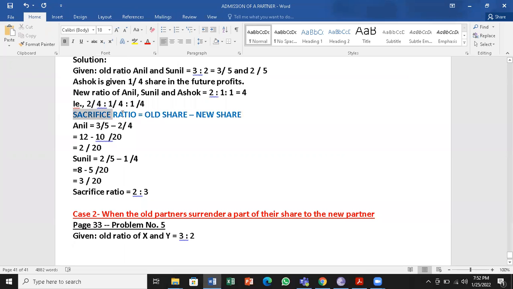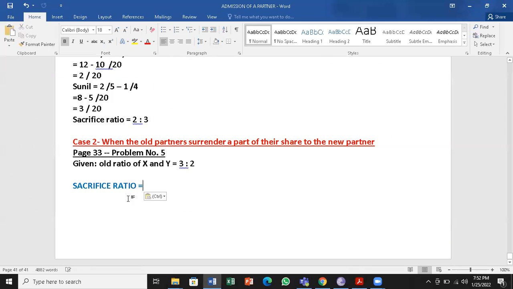Here the formula is a bit different than the earlier because the situation is different. So sacrifice ratio is equal to old share multiplied by surrendered share. So this is the new working.